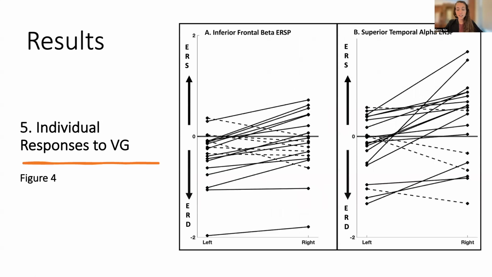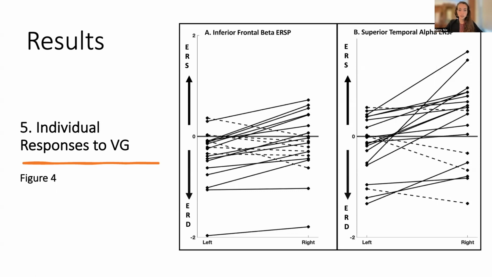Now, were these changes detectable at the individual level? We explored whether frontal beta or temporal alpha responses were consistent across individuals. Here, 16 of 20, or 80% of participants showed left inferior frontal ERD in the beta band, and 65% showed right inferior frontal beta ERD. 14, or 70%, showed relatively higher beta power in the right versus left frontal region, so an upward slope here.